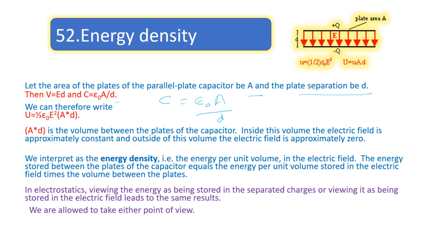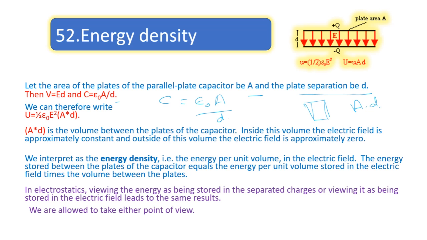We can therefore write U = half into epsilon naught into E square into A into D. And this A into D is nothing but the volume of the space between the plates. This is the area of the plate and the separation distance is D. Then it is something like a parallelepiped and the volume will be given by area into D.